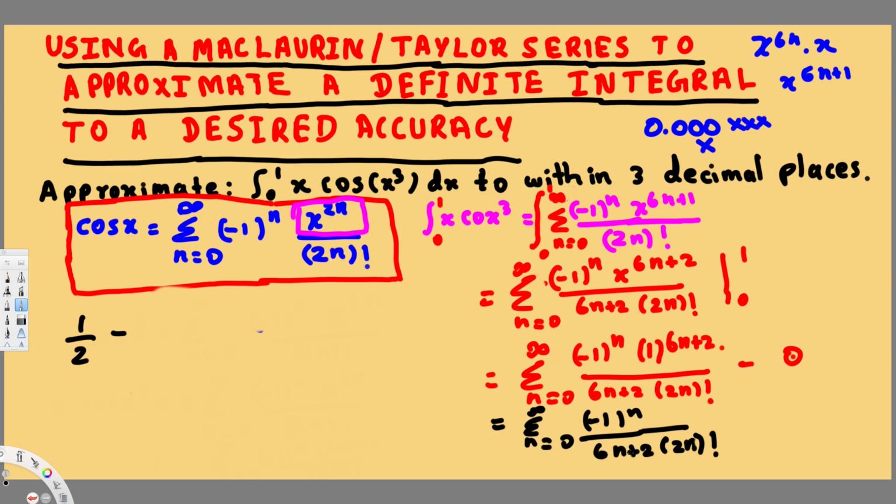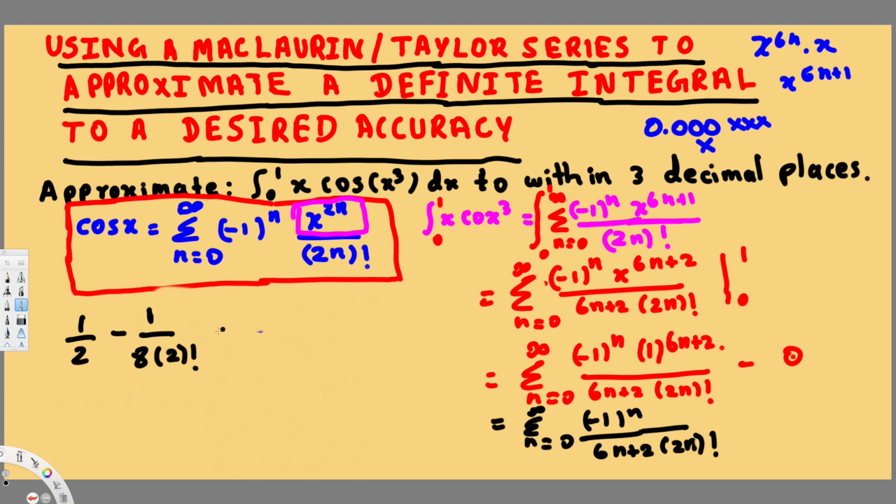Actually it's 1, not negative 1. 6 times 1 is 6 plus 2, 8, right? 8 times 2 factorial. So the second term is going to be 1 over 8 times 2 factorial. 2 factorial is the same as 2. You can write 2 or 2 factorial.